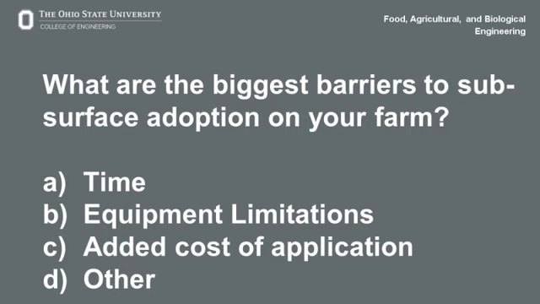So it looks like equipment limitations and time are neck and neck there. Hopefully some of this stuff today helped you. We didn't go into specific manufacturers, but available on our website in our publication, we have that information. There are some outlined equipment options, as well as some considerations for moving to subsurface.